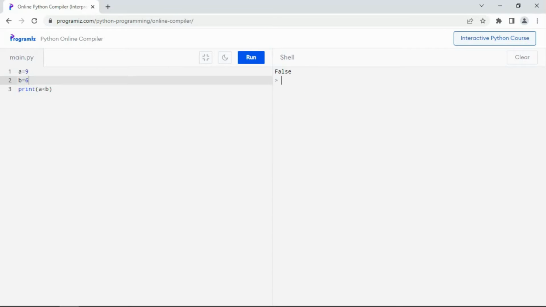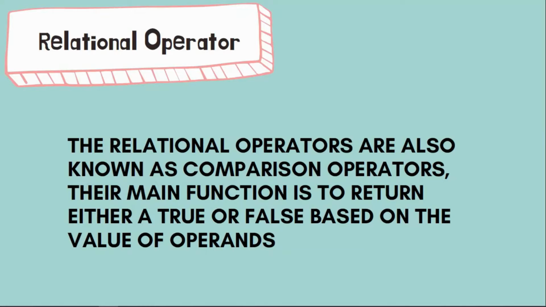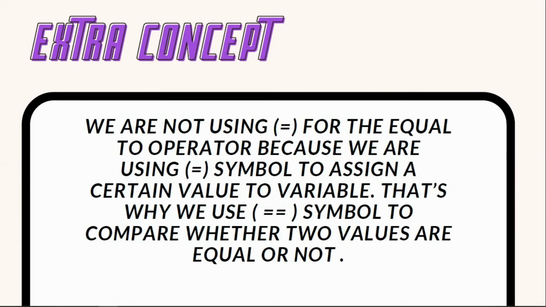Next, we're going to learn about the equal to operator. But we need to focus on one thing. In the equal to operator, we are not using the single equal symbol, because we use the equal symbol to assign a certain value to a variable.